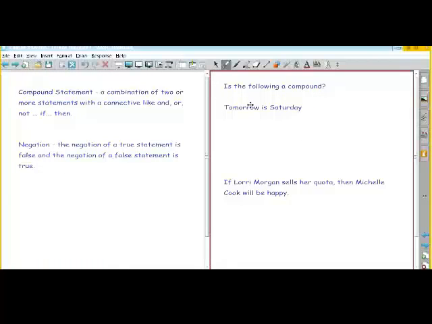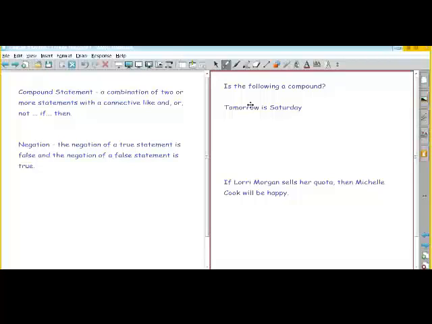Okay, so they have a couple of problems that ask you whether a statement is a compound statement. So tomorrow is Saturday is a statement. It can be either true or false. But because there is no additional word like and or not, well, actually not is not one of them. And or, I guess not, they do put that in there.